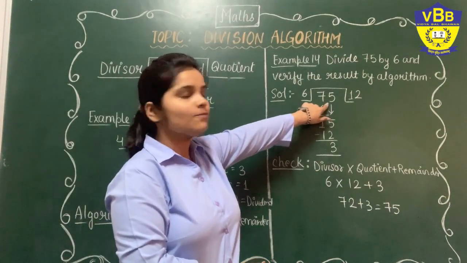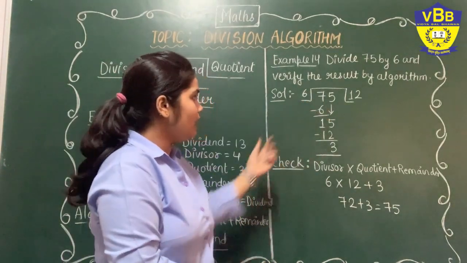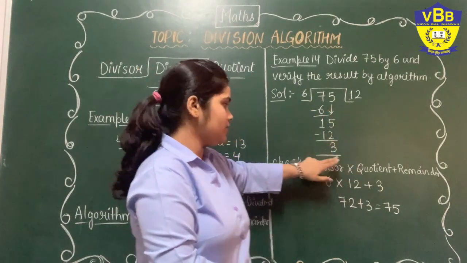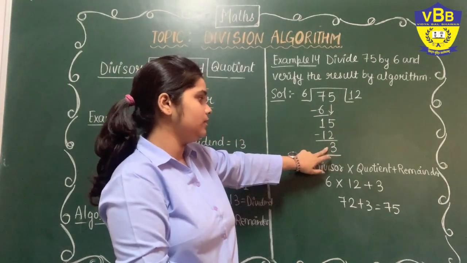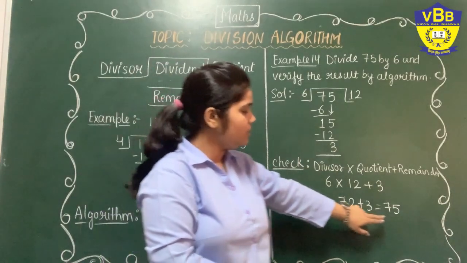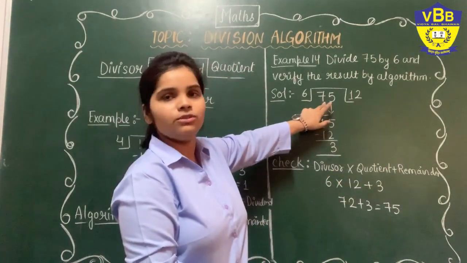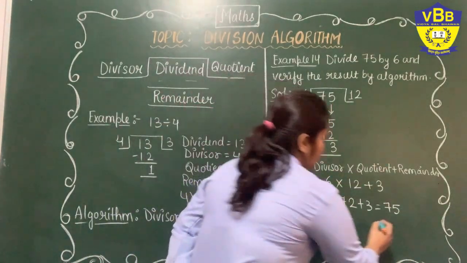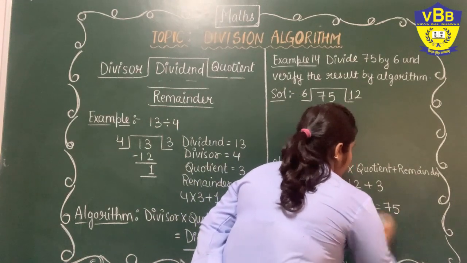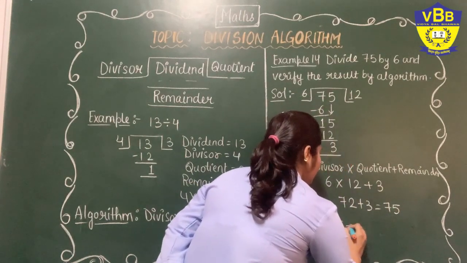You can see here the dividend. So the product of divisor and quotient plus the remainder is coming equal to 75, which is equal to the dividend.